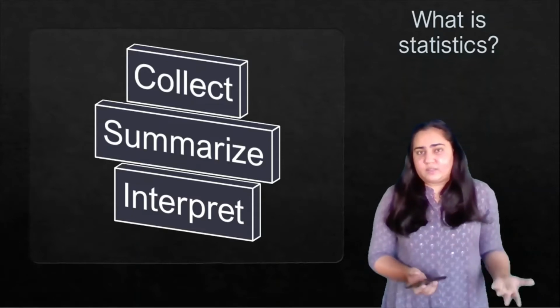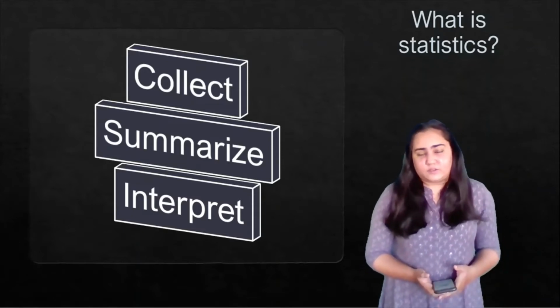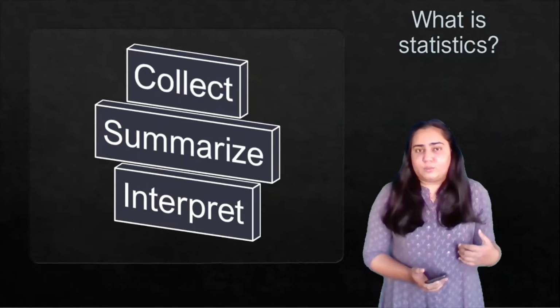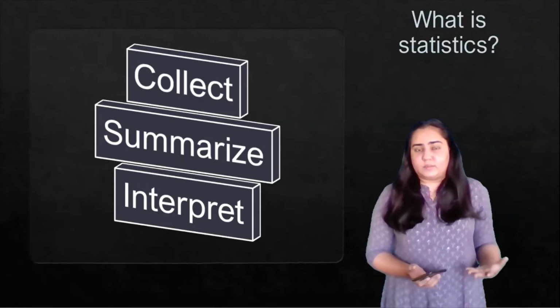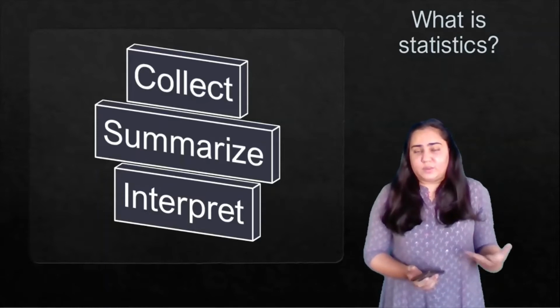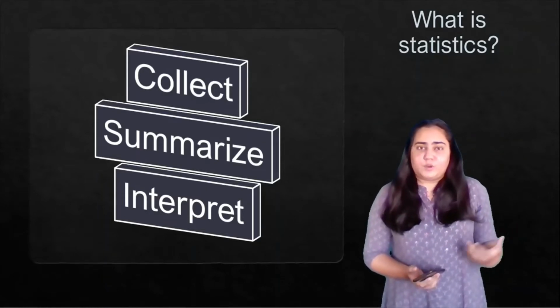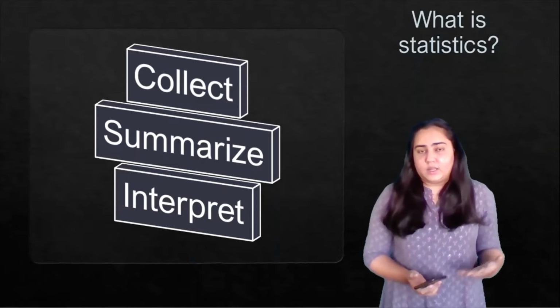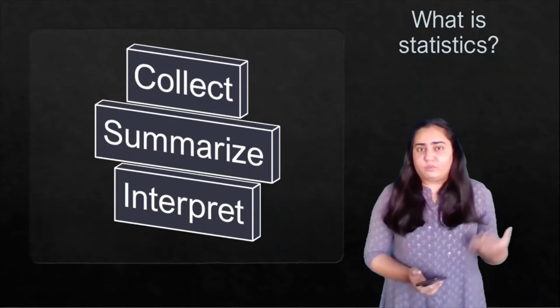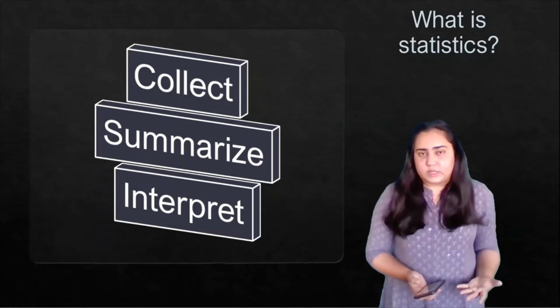So because I have 10,000 numbers, I cannot make sense of it. But if I were to apply a mean, I were to take average of those numbers, then I get some summary and some information. And if I were to apply a median or mode function, I can get to know more about the data. I can understand the data now.